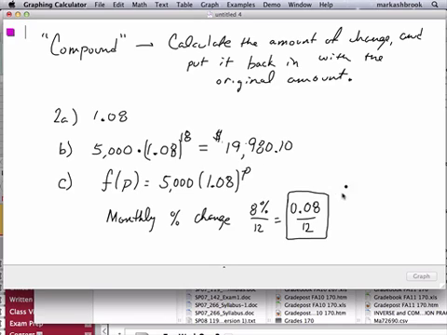Okay, so what is the monthly growth factor from this then? What's the monthly growth factor for a percent change of 0.08 over 12?